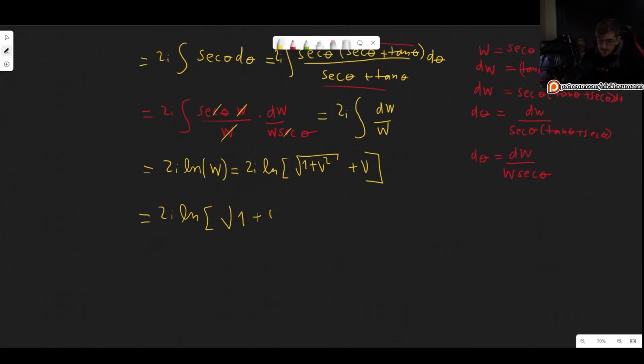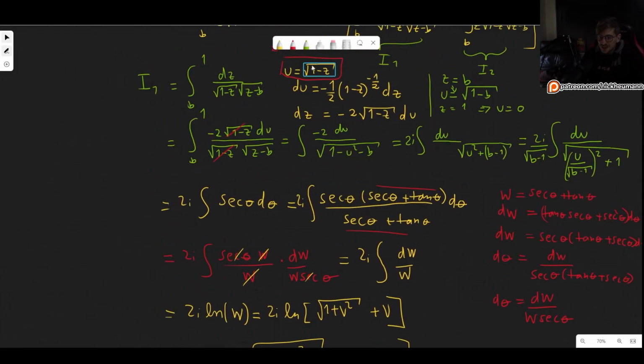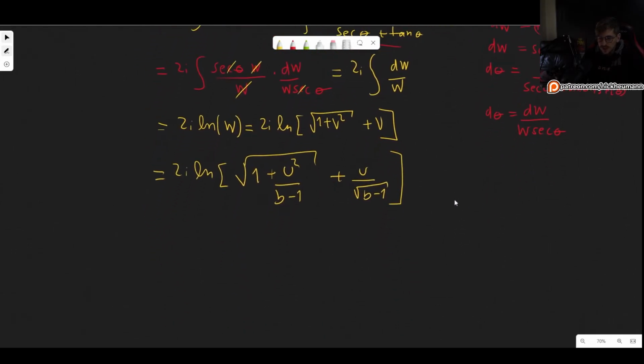And this is divided by the square root of b minus 1 squared, so simply b minus 1. And then we have v, which is going to be u divided by the square root of b minus 1. Okay, so now what is u? Well, u is the square root of 1 minus z.